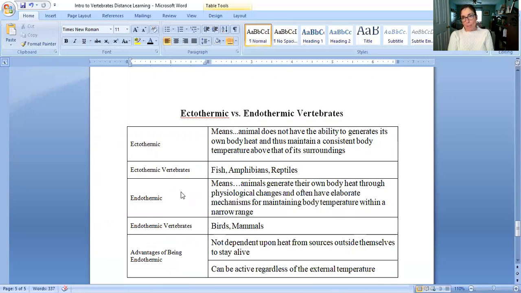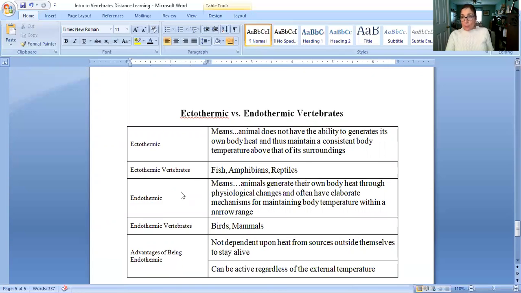It doesn't have the ability to maintain a constant body temperature above that of its surroundings. So the old word for ectothermic was cold-blooded. Fish, amphibians, and reptiles are what we would call ectothermic or cold-blooded.